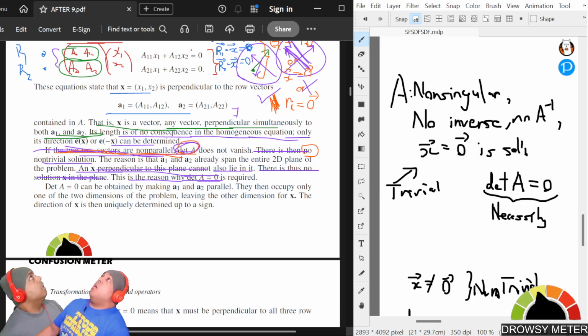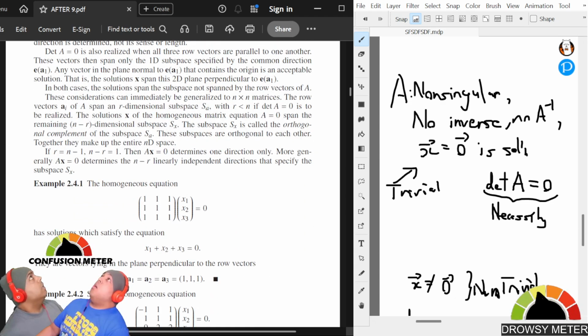There's a reason why determinant A equals 0 is required. Determinant A equals 0 can be obtained by making A1 and A2 parallel.